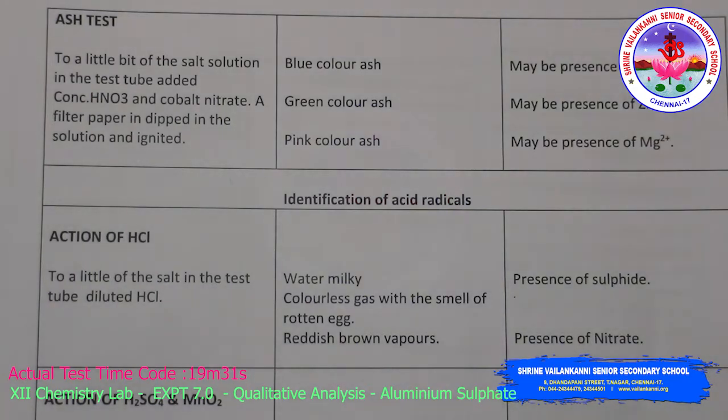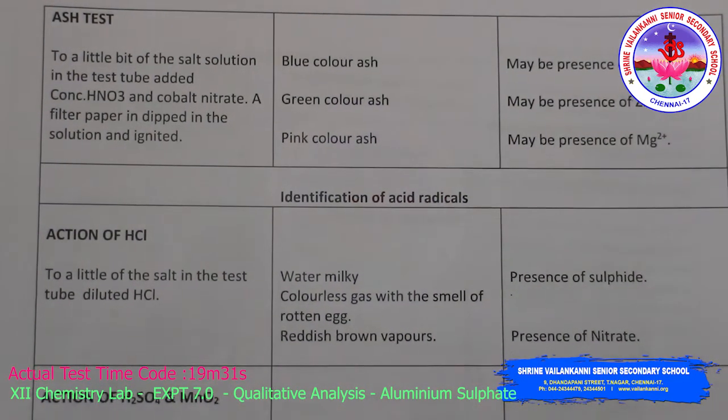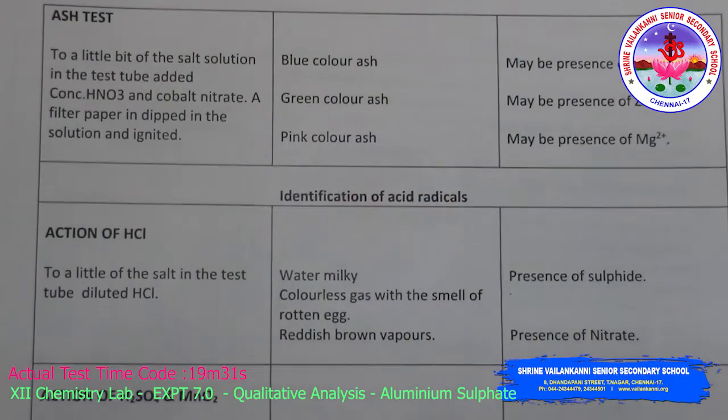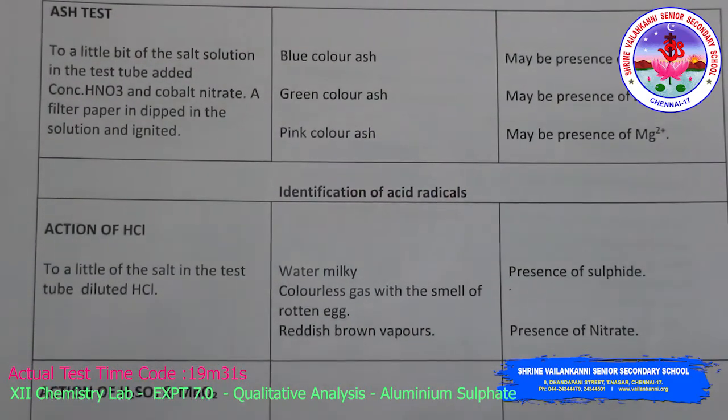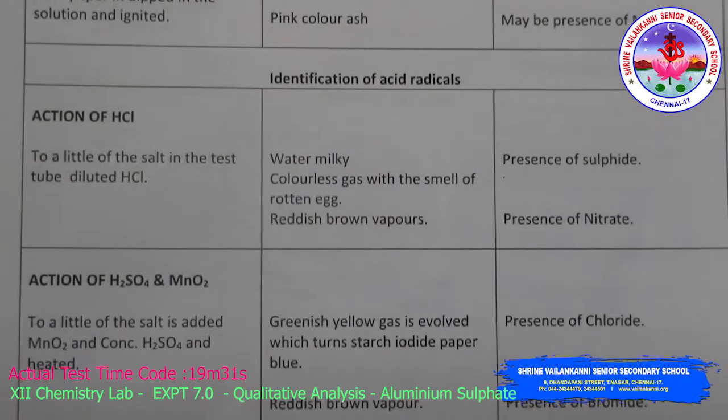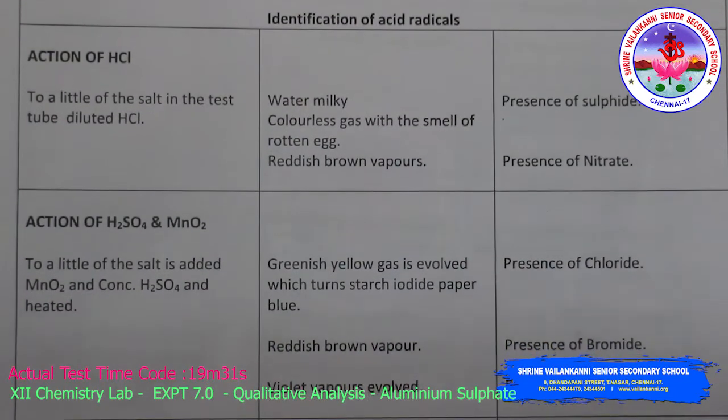Then here we enter the first one, identification of acid radicals. First test is action of HCl. A little amount of salt is taken and some dilute HCl is added.